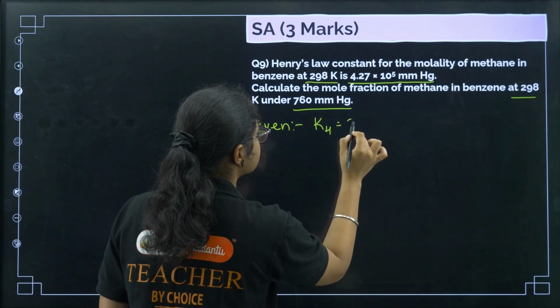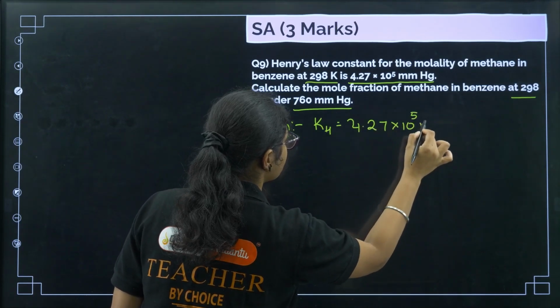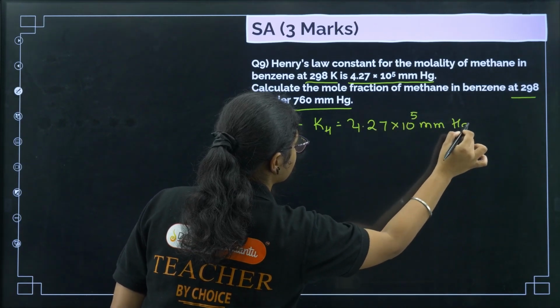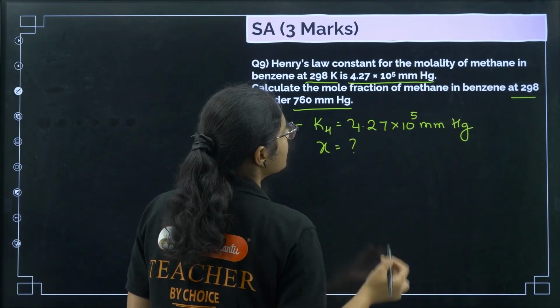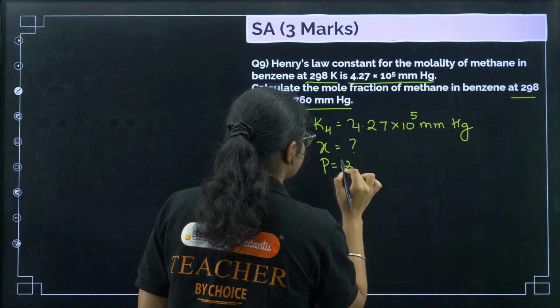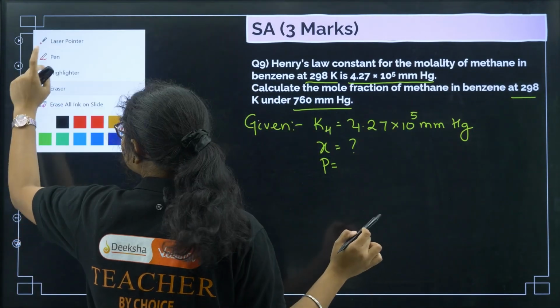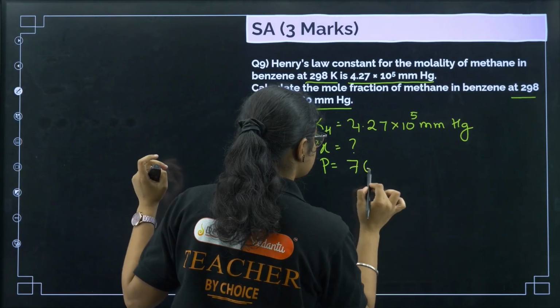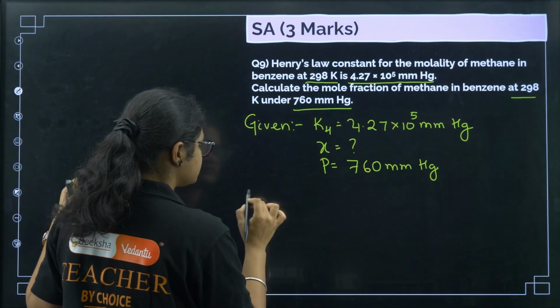Henry's constant is 4.27 into 10 to the power of 5 mm Hg. Next we need to calculate mole fraction at a pressure of 760 mm Hg. So pressure given is 760 mm Hg.